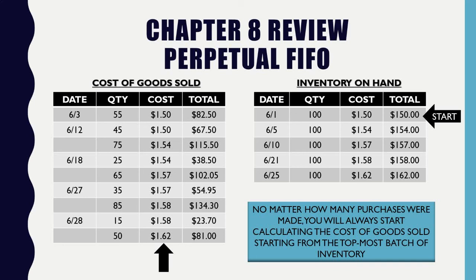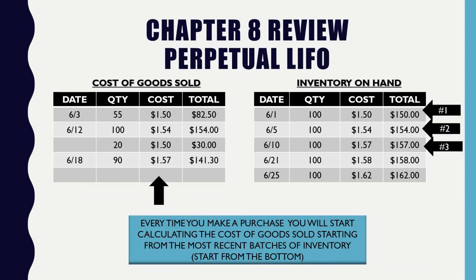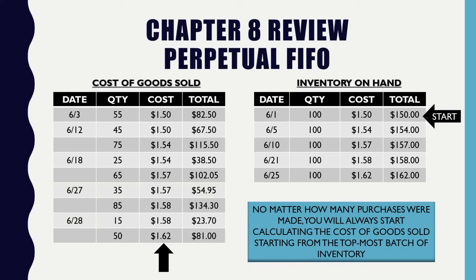When we're looking at FIFO, we're looking at every purchase that we make, and we are subtracting our inventory as we go. We're starting from the very first batch of inventory and making our way down to the very last one.